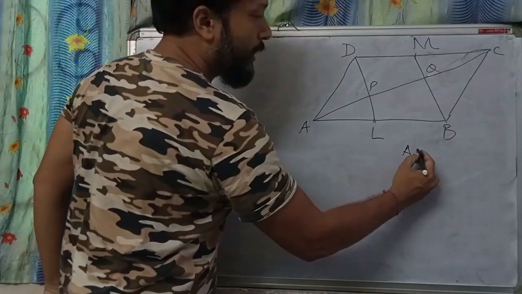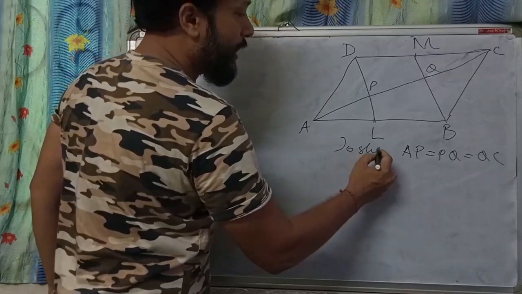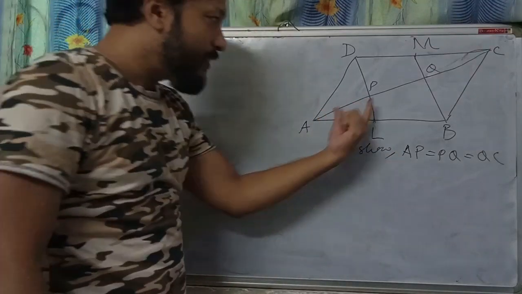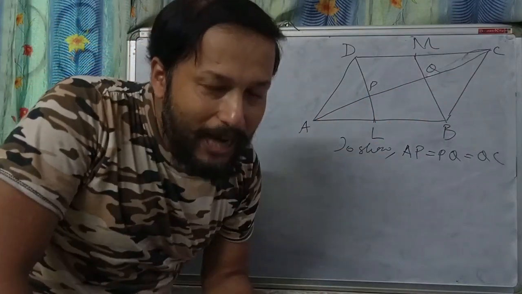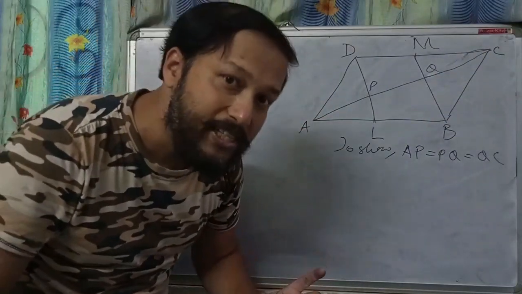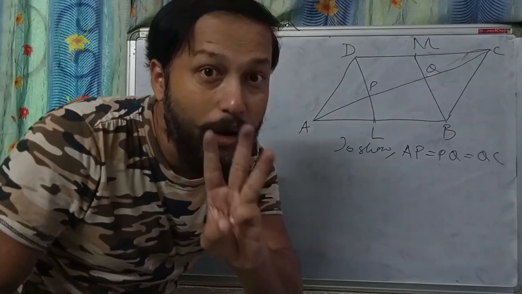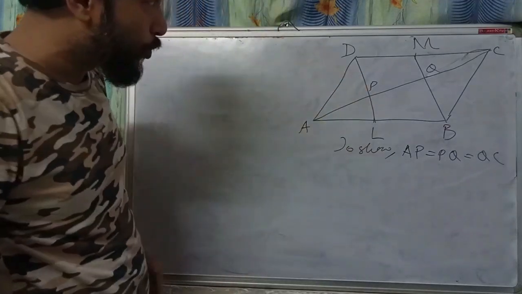This is what I have to show. If this is equal to this, I can say that AC is trisected, divided into 3 equal parts.